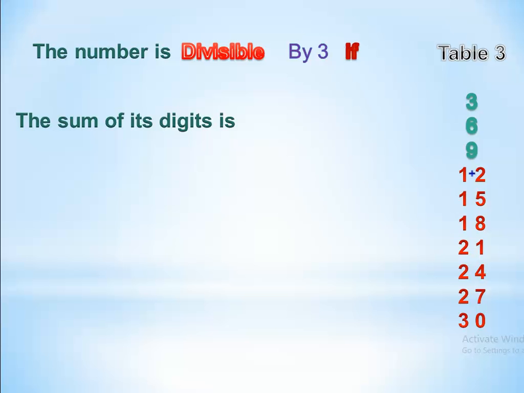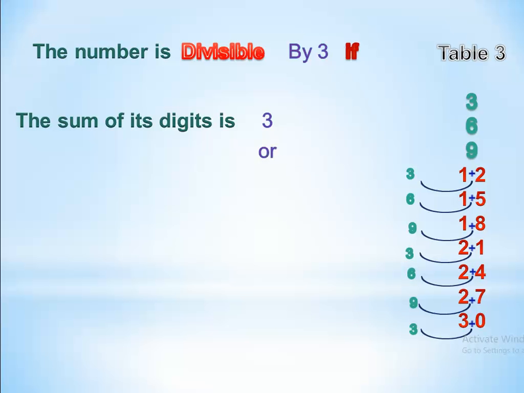So 12, we need to add two digits: 1 plus 2 equals 3, 1 plus 5 equals 6, 1 plus 8 equals 9, 2 plus 1 equals 3, 2 plus 4 equals 6, 2 plus 7 equals 9, 3 plus 0 equals 3. So we can find that the sum is always 3 or 6 or 9. So the number is divisible by 3 if the sum of its digits is 3 or 6 or 9.